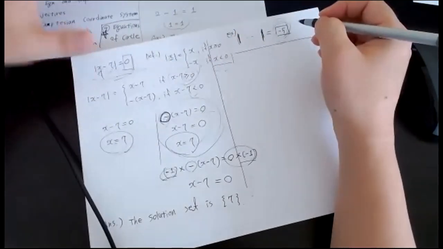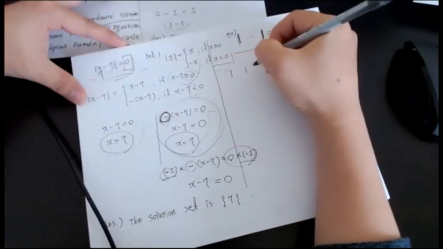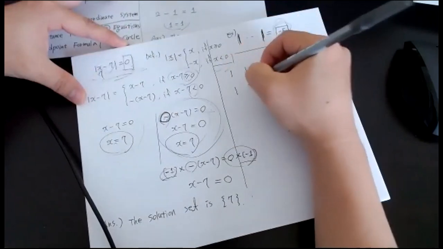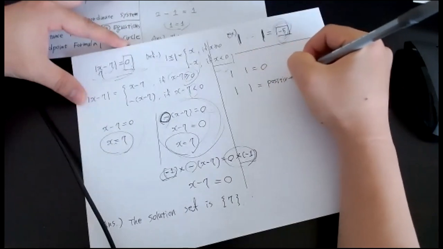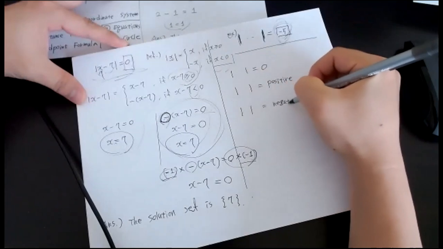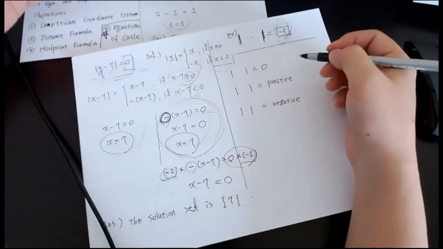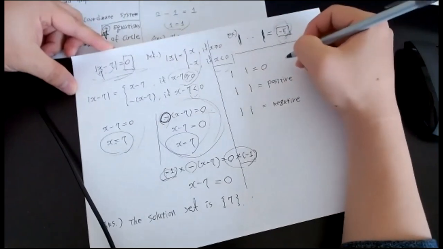So then we can formalize this pattern. If the absolute value equals 0, or the absolute value equals a positive number, or the absolute value equals a negative number. You don't have to memorize this. Once you isolate the absolute value term, and the right hand side is 0, you're going to get only one solution.